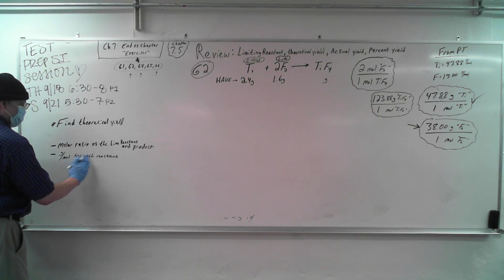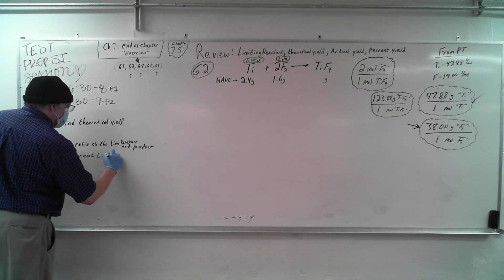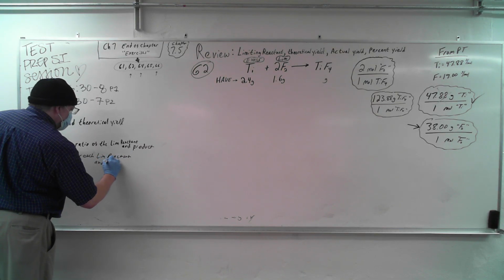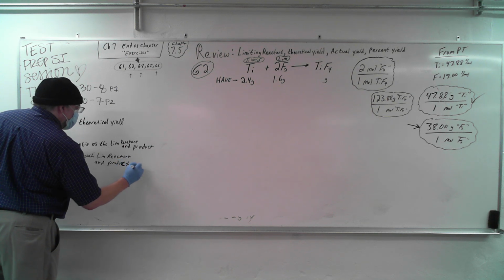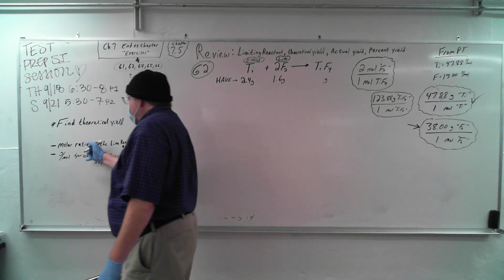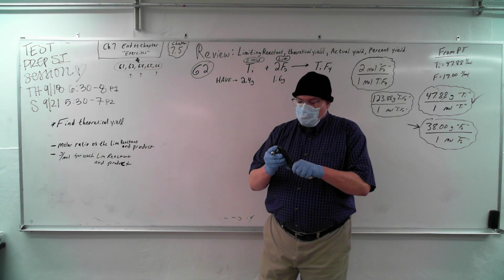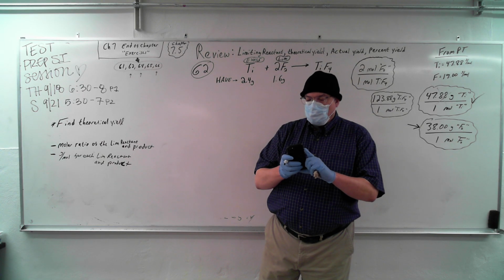So yeah, grams per mole for product. So those are the things involved in calculating the theoretical yield. You need to find the molar mass of the product.